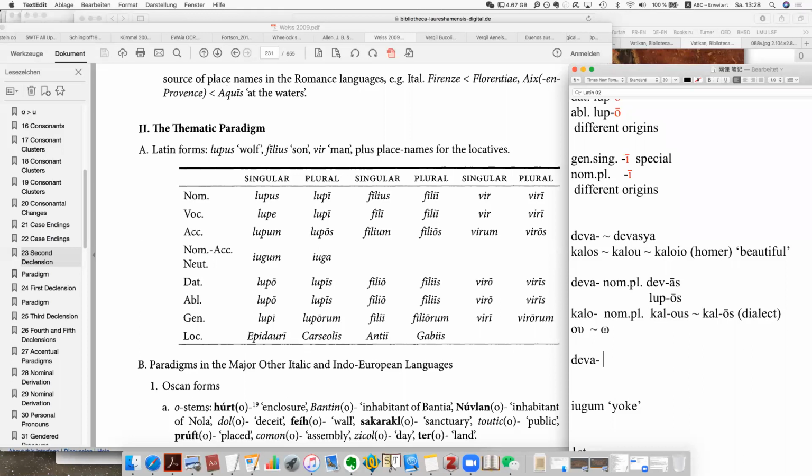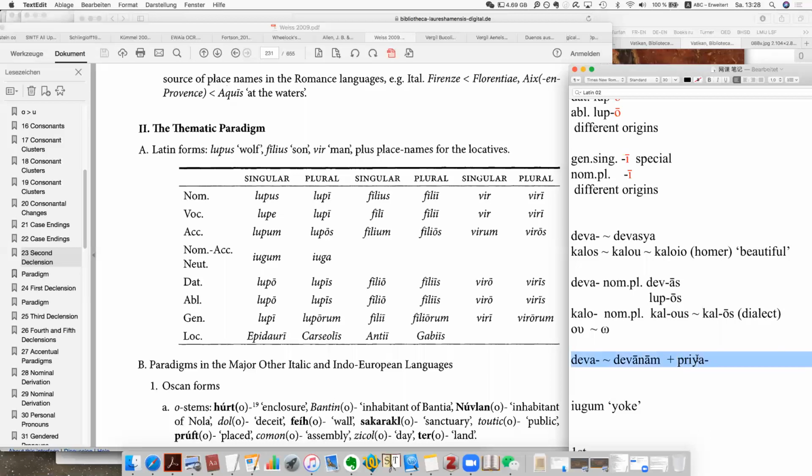We have already talked about this genitive plural of deva, devanam, connected with this compound, and I hope you still have some idea of it.